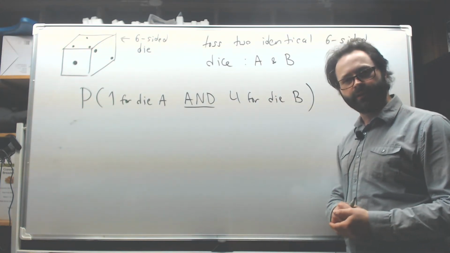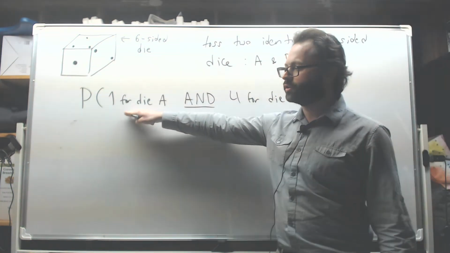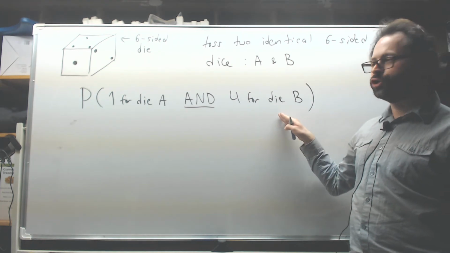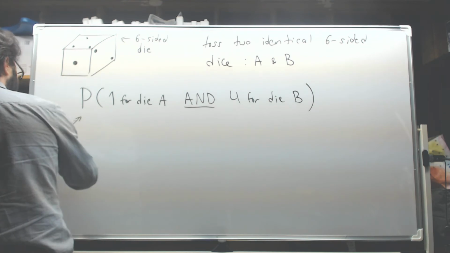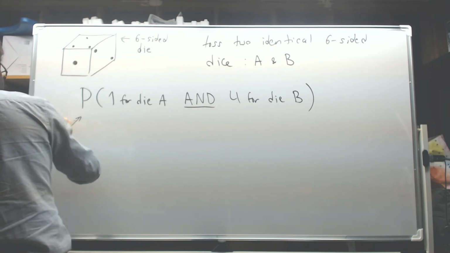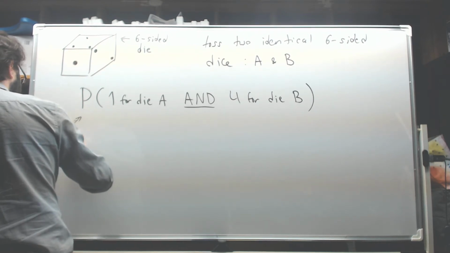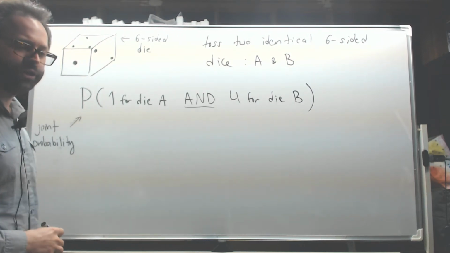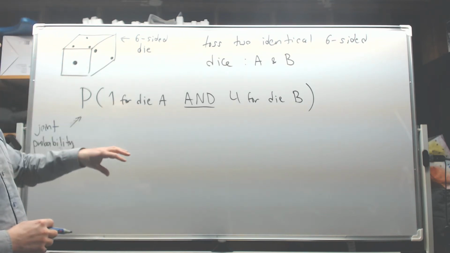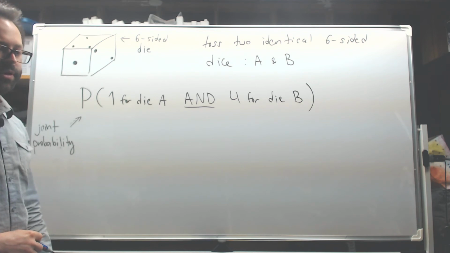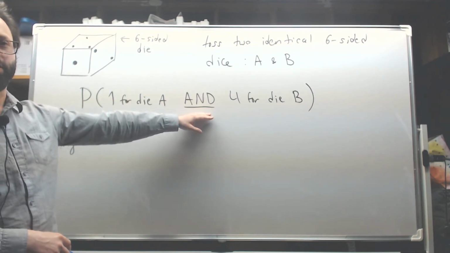The rule in this case, if you're asking for a joint outcome, a joint probability, let's call this joint probability, from the perspective that it joins two events. It joins the outcome of die A with the outcome of die B. So this joint probability is composed of an AND logical operator.